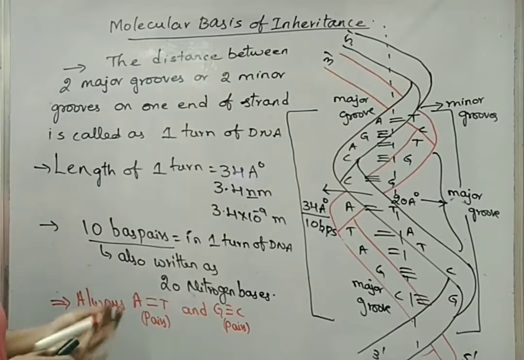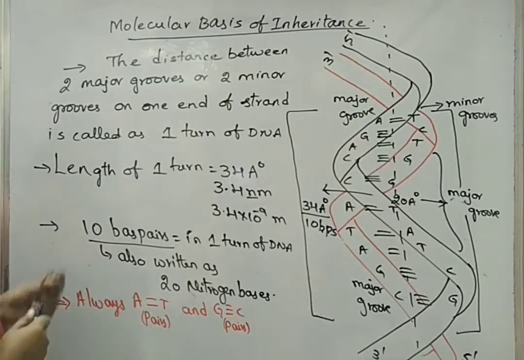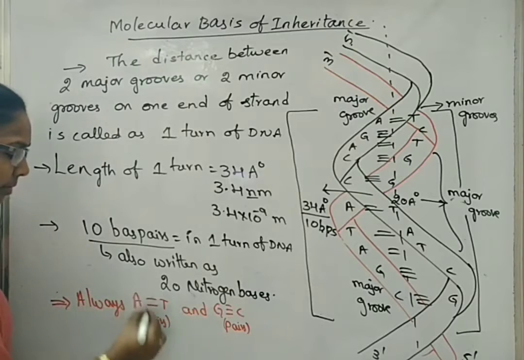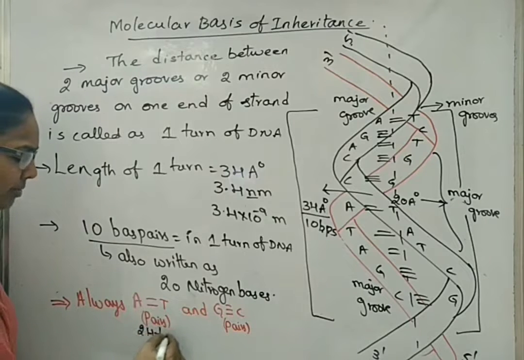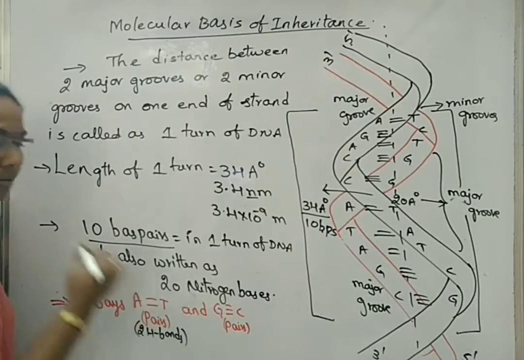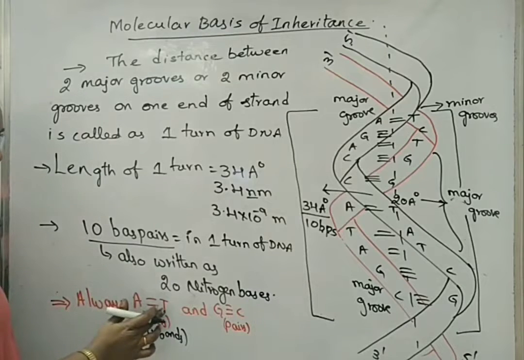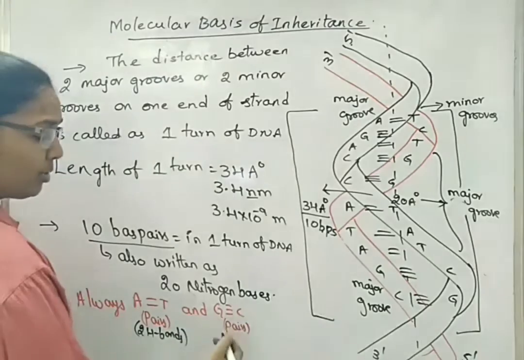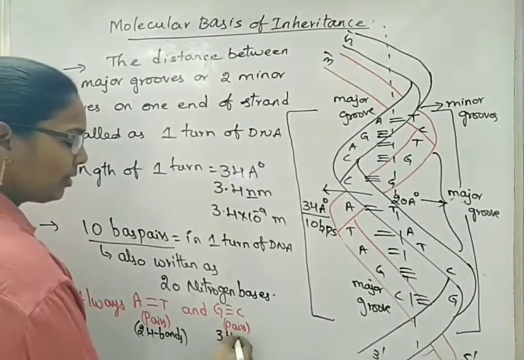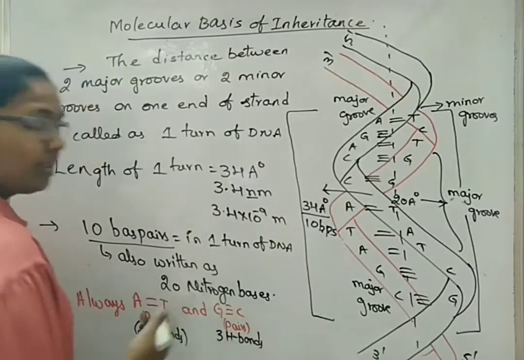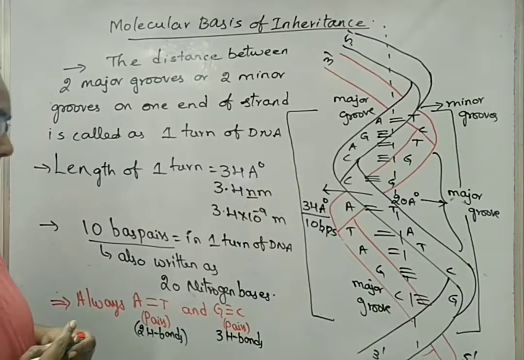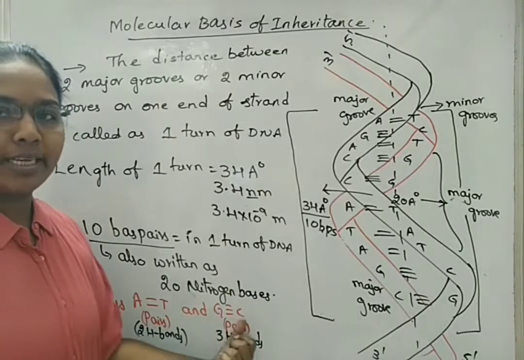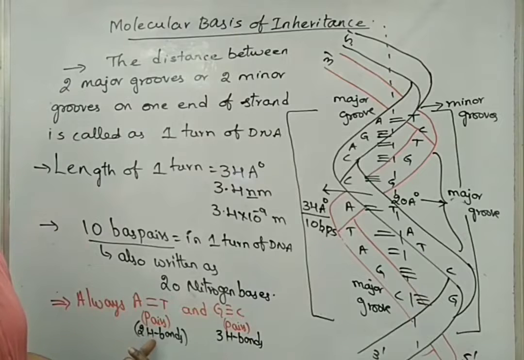But here it is very important to know that adenine always pairs with thymine with the help of 2 hydrogen bonds. Guanine always pairs with cytosine with the help of 3 hydrogen bonds. Means 3 hydrogen bonds are necessary to pair guanine with cytosine, and 2 hydrogen bonds are necessary to pair adenine with thymine.